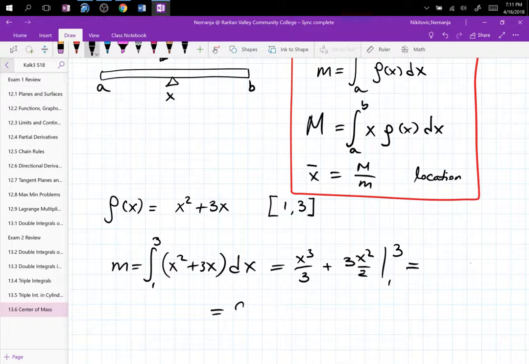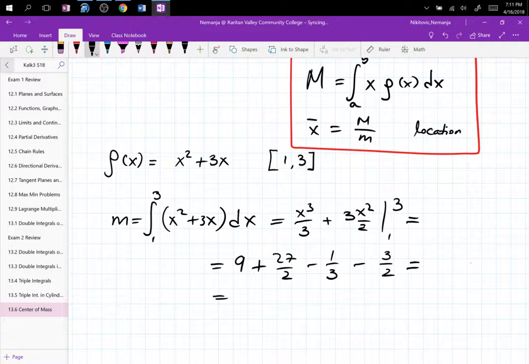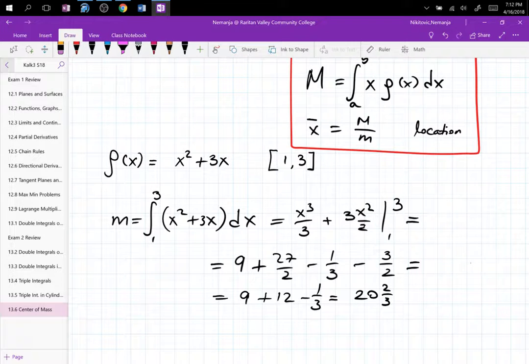So that's 27 over 3, that's a 9, plus 27 over 2 minus 1/3 and then minus 3/2. So that's 9. 24 over 2 is 12, minus 1/3. That's 21, so 20 and 2/3. That's 62 over 3.